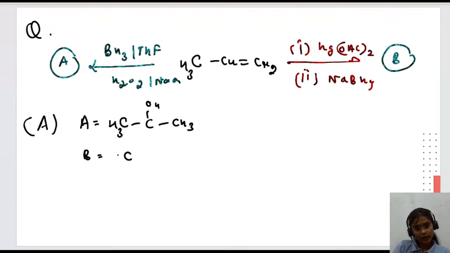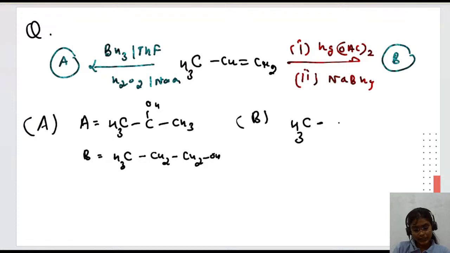B is CH3, CH2, CH2, OH. Option B: CH3, CH, OH, CH3. If I miss any hydrogen or carbon, just connect it.